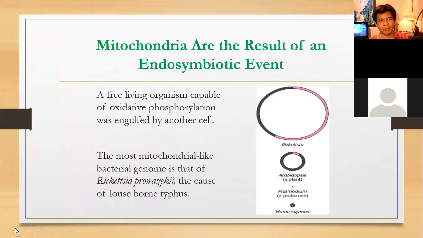So, paano ba nagkaroon, ito yung parang evolution theory, paano nagkaroon ng mitochondria yung mga prokaryotes? Paano sila nagkaroon ng organelles? So, ang theory ng mga evolutionists, dati daw yung mitochondria, they are independent organisms. Tapos in-engulf lang sila ng mga much bigger pre-living organism. Tapos naging part na sila nun, no? So, a pre-living organism capable of oxidative phosphorylation was engulfed by another cell.